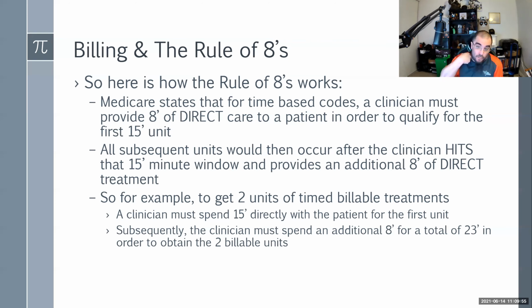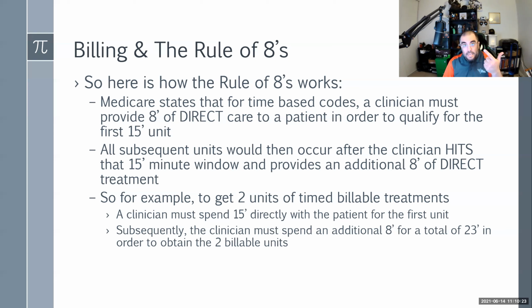I may have seen them for 3 different things, but I have to pick what I'm going to bill for, because I may not be able to bill everything. And I've done that before, where maybe I've seen them for transfers, which is therapeutic activities. That's one of the techniques. I've seen them for therapeutic exercise, and I've seen them for gait, where I've done gait training. But maybe I only saw them for 32 minutes.